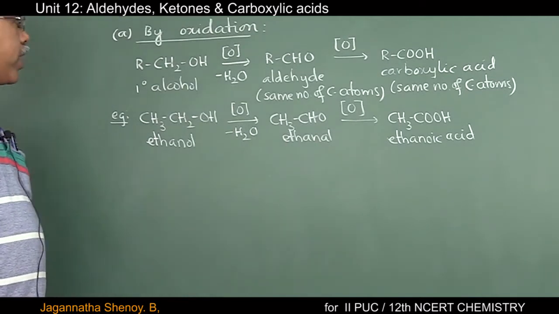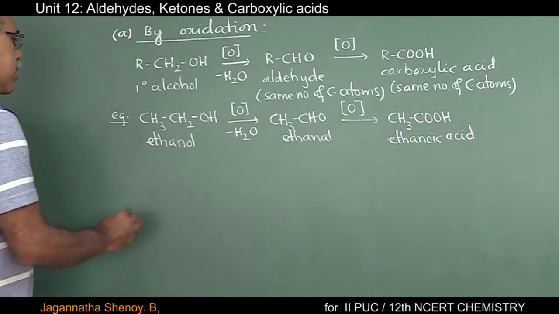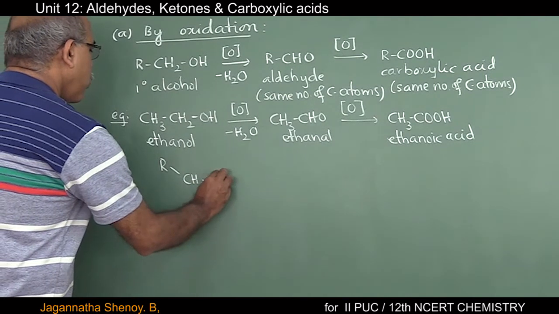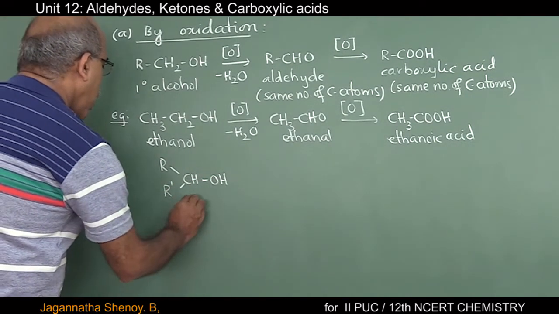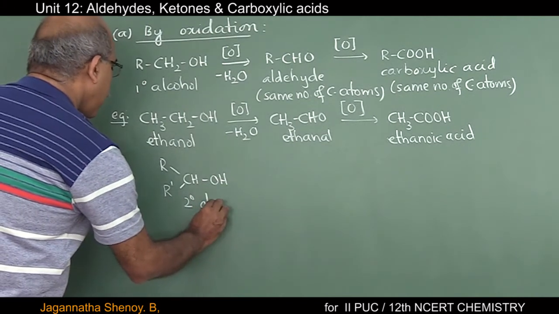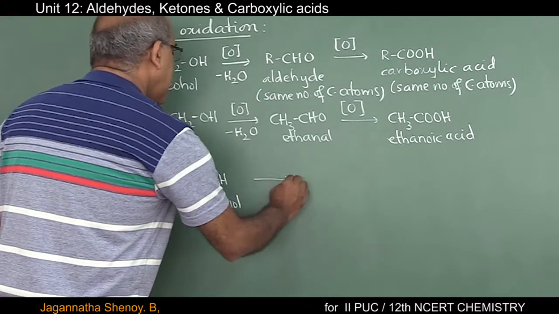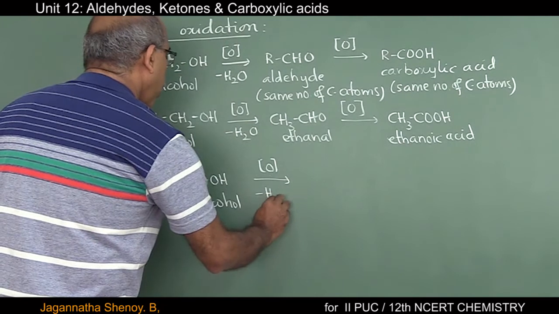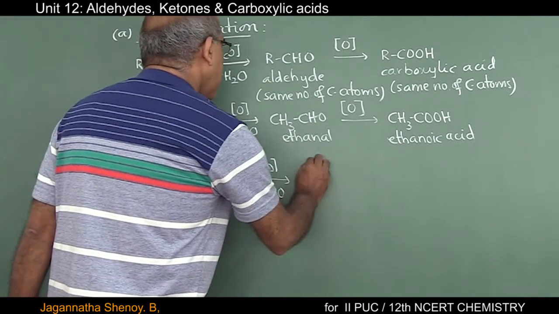Now, same way, if I start from oxidation of secondary alcohols. So when I say secondary alcohol, RCHOHR', so I start from a secondary alcohol. I'll subject this to oxidation. It loses a molecule of water and this forms a ketone.